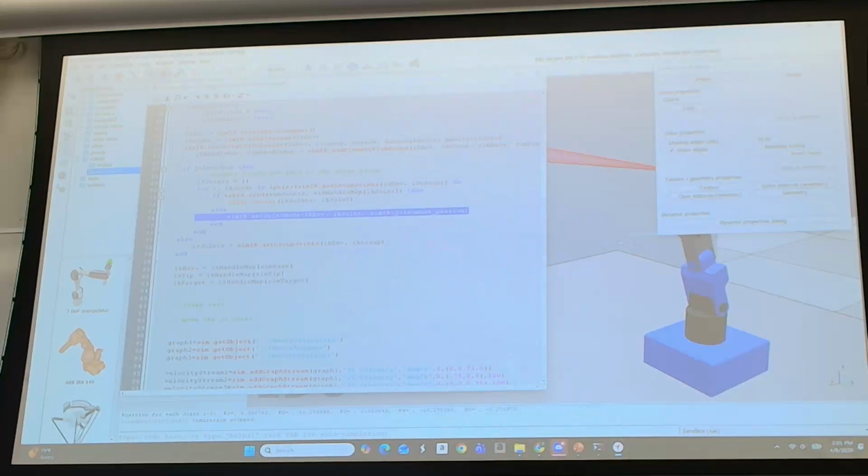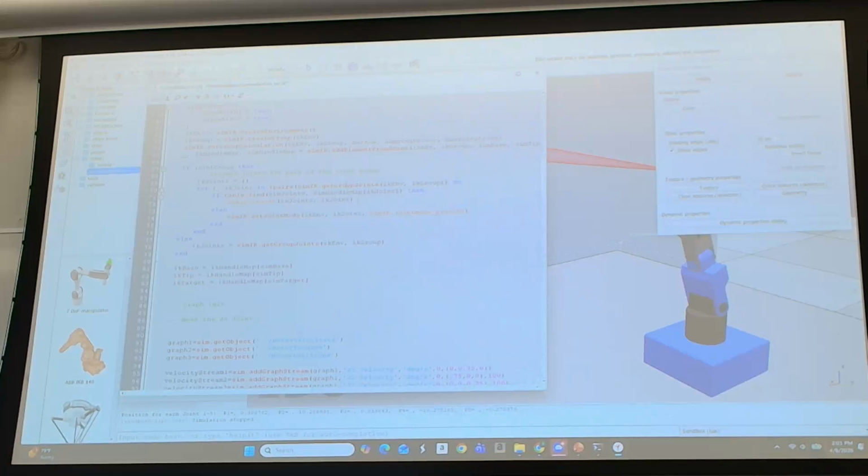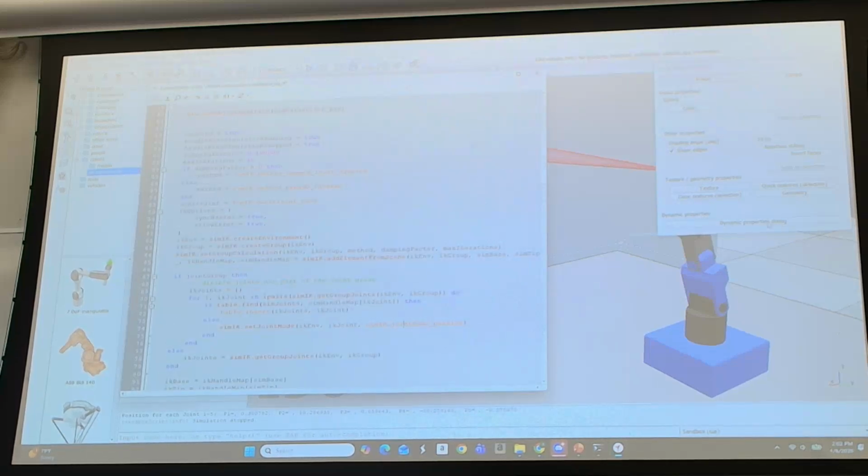So in the code, it puts it into that inverse kinematic mode, right? Right here. Joint mode passive. Set mode. Can I see the joint settings? No, not dynamic.